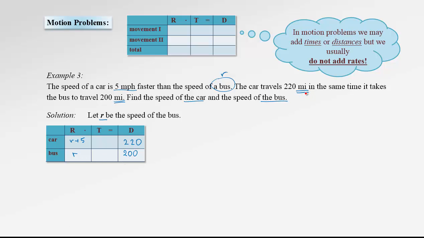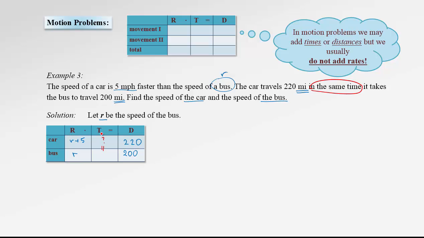What else is important? They gave us information that both vehicles traveled in the same time. We don't have a value for this time. However, we know that whatever the expression comes for the time of the car will be equal to the expression that will come for the time of the bus. Okay, what is this expression?